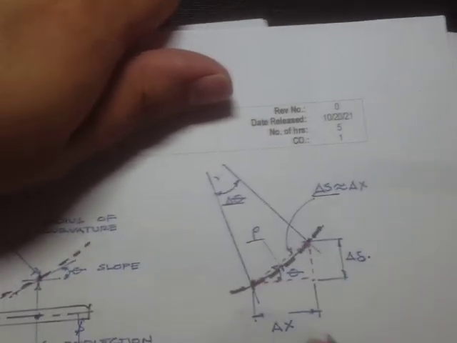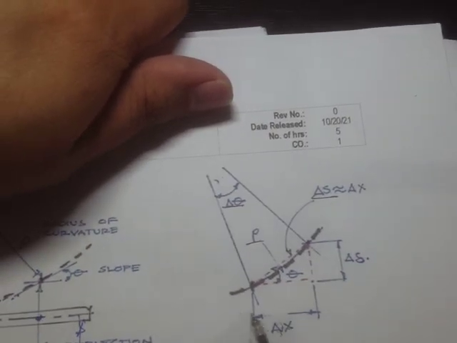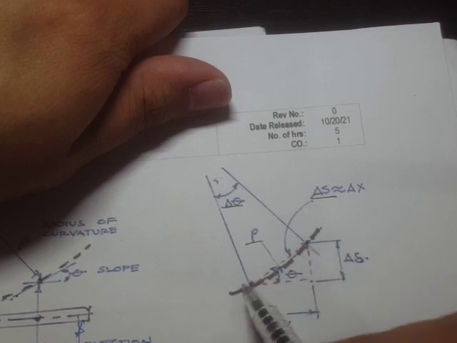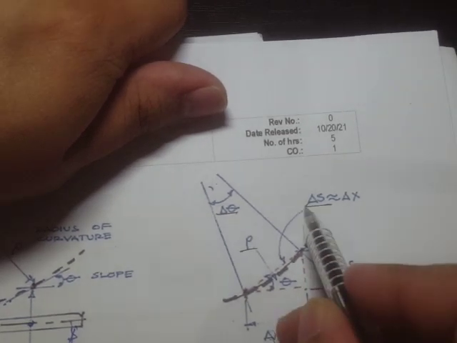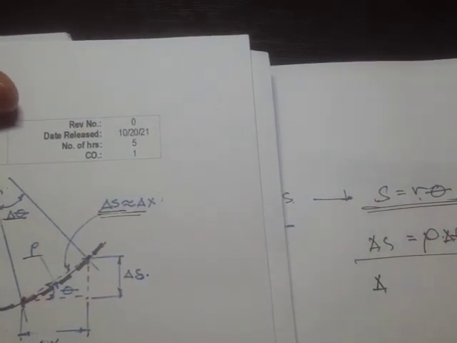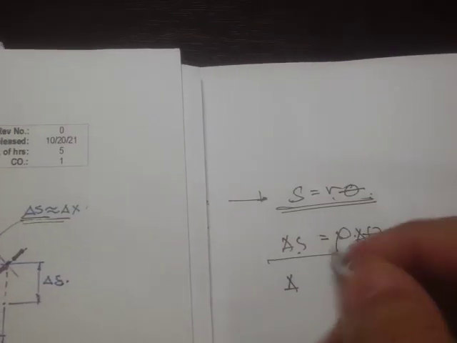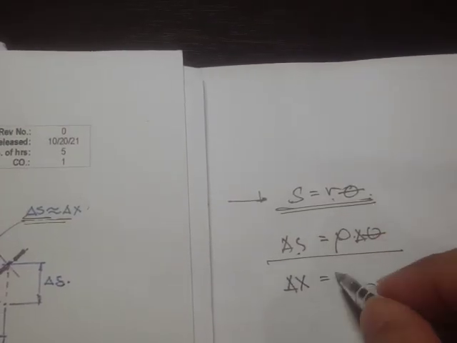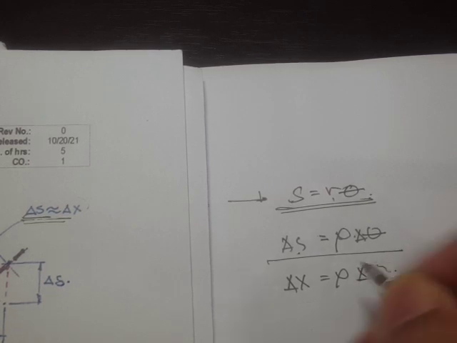Then therefore, if we shrink this delta x down to 0, this delta s, this curve, becomes approximately equal to the delta x. Okay, so that's the concept of the limits, and also the derivative. And so if we replace this by delta x, then what we get is rho delta theta.